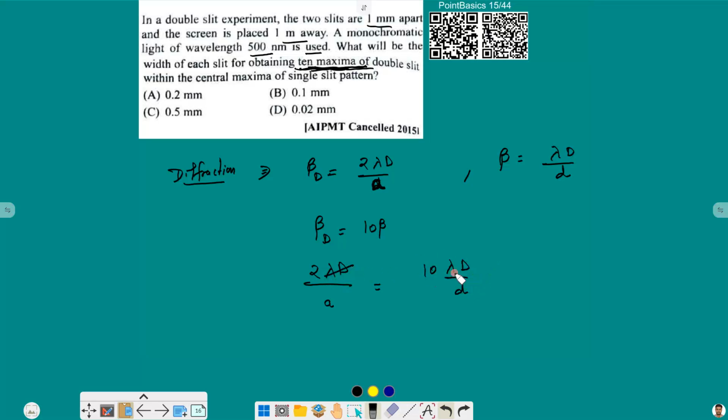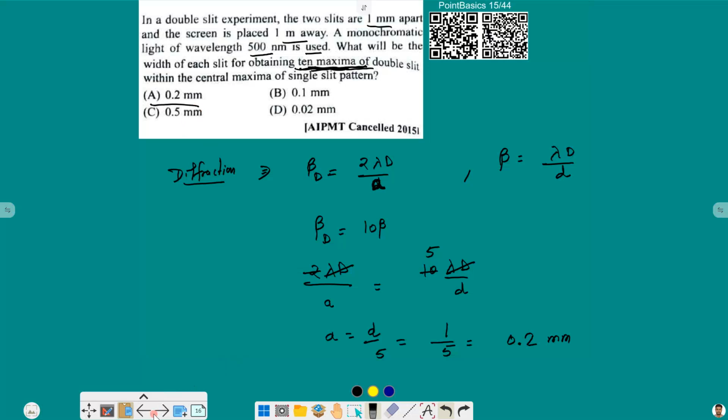So lambda D is cancelled and this goes to 5. From this, the value of a will be d by 5, and d is here 1 millimeter, so 1 by 5, which will be 0.2 millimeter, and that is option A.